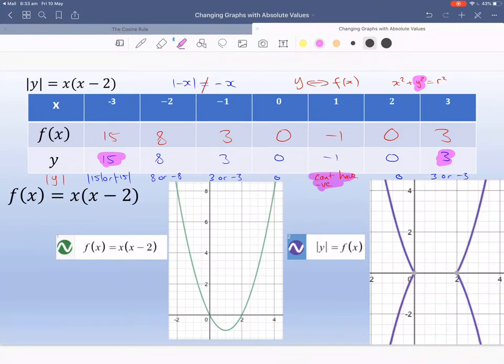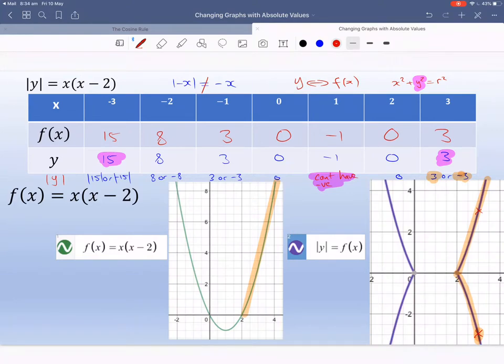And if you see from the graph what it does, see this bit over here? It exists in this one here, but also the bit down the bottom, because of this situation where we can have 3 or negative 3 to give us the same answer of 3. So we can have the y value of negative 3 here, or the positive value, they both equal 3.